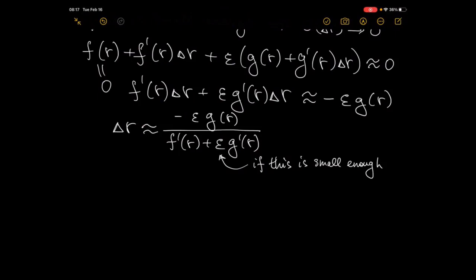In our case, for double precision, if we are talking about relative error, it will be around 10 to the minus 16 or something close to that. So as a result, I can neglect this term and I will get the following.